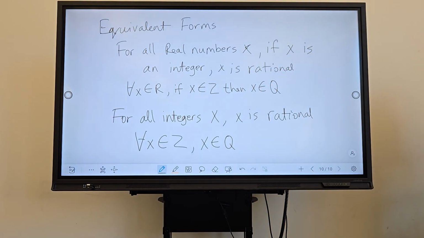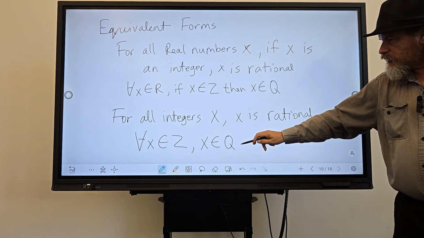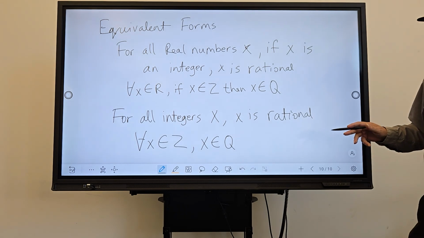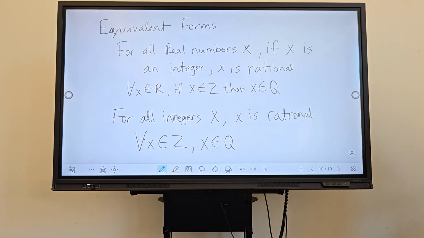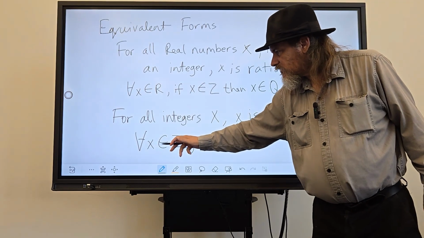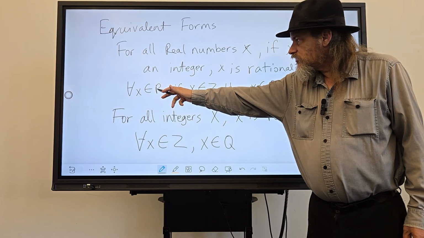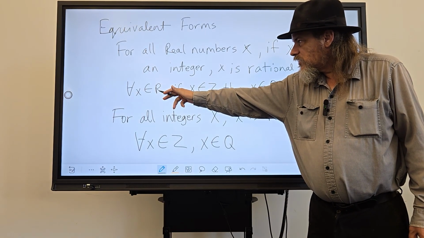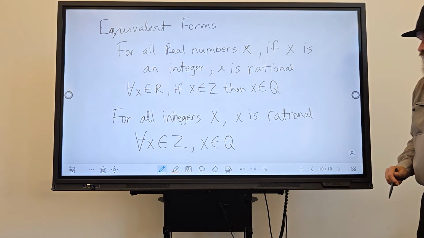Basically, what this is showing is that the universal conditional form here can be represented in a more simplified form if you can show that the set that the x is coming from is a subset of the original domain.